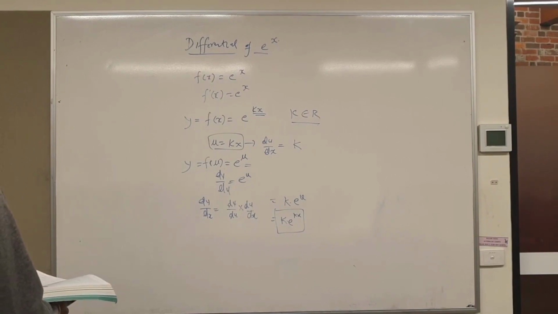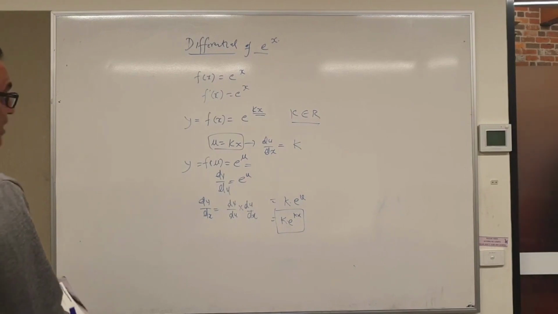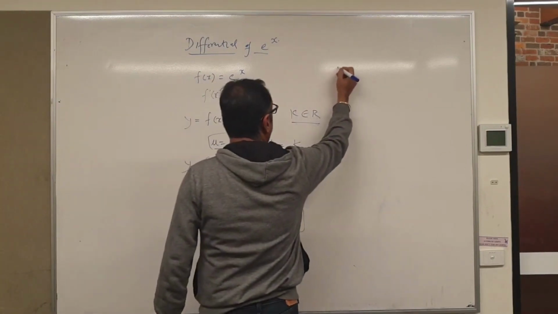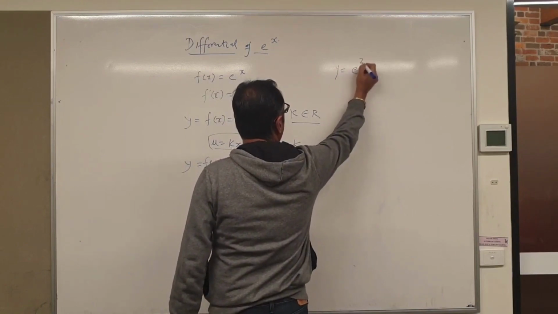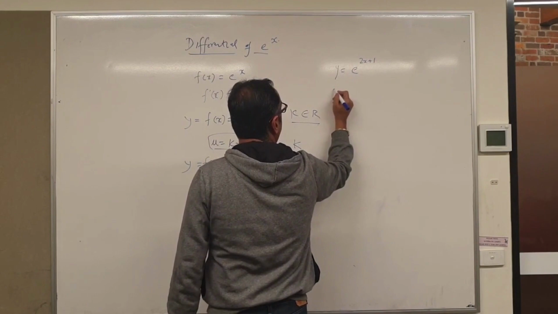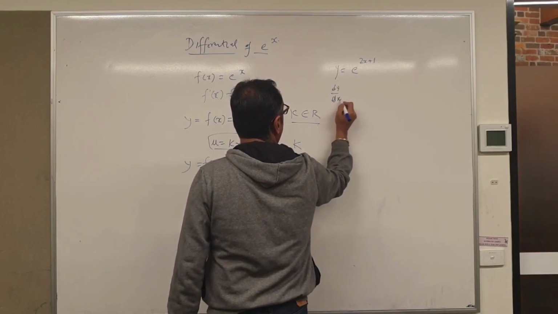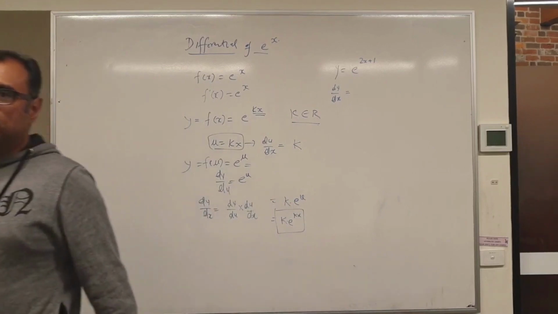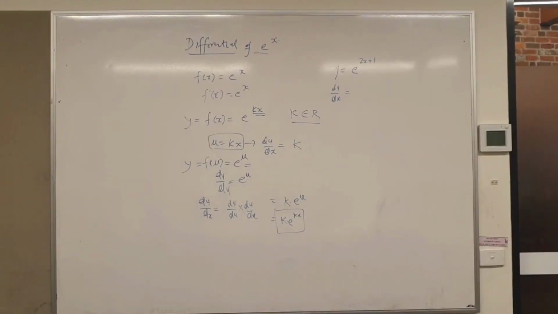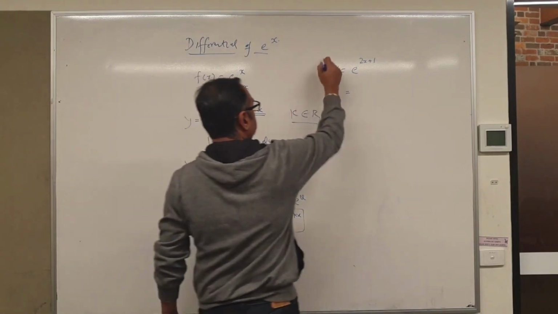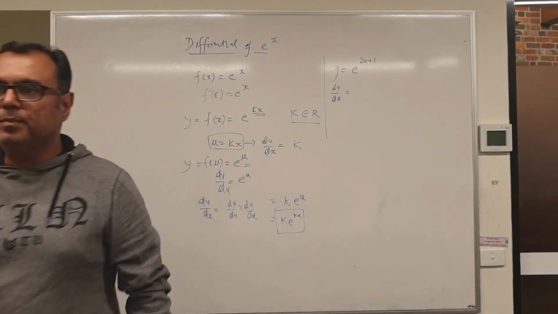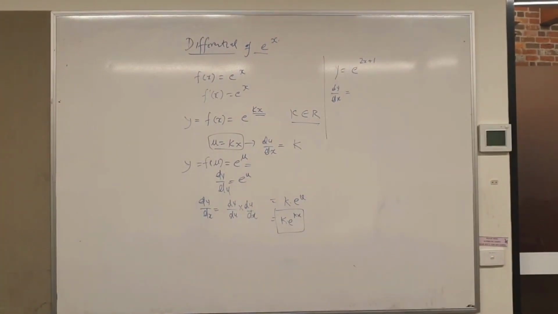Now, can you quickly do this: if y equals e raised to the power of 2x plus 1, can you find me dy by dx, please? Quickly. Go for it, Aisha.